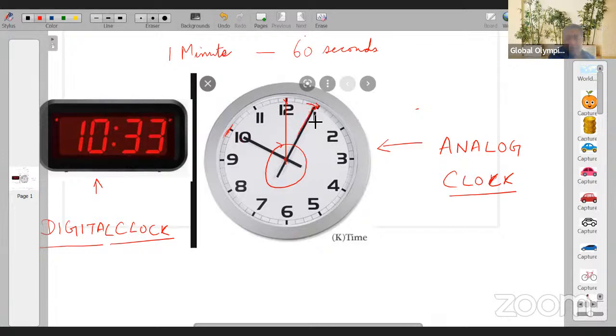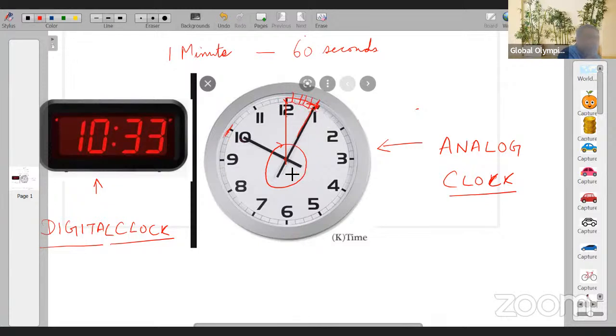Then it takes another round, and keeps on moving. If you notice, from here to here, there are 5 intervals: 1, 2, 3, 4, and then 5 itself.